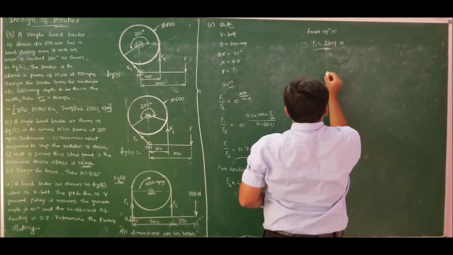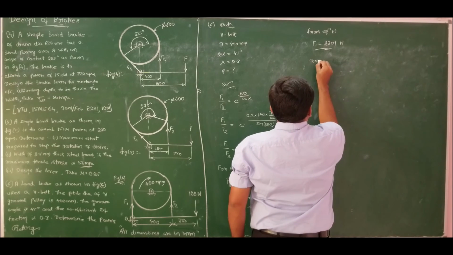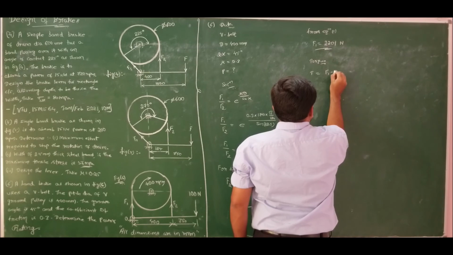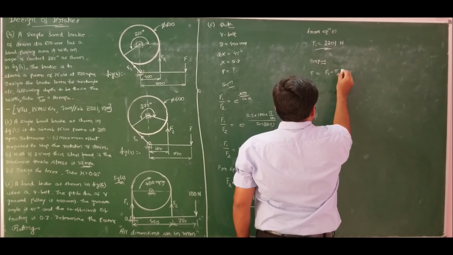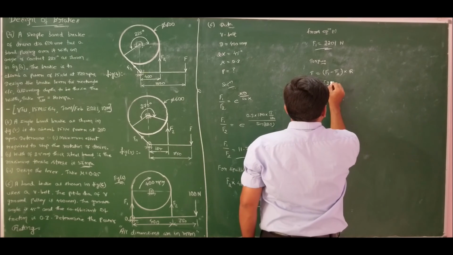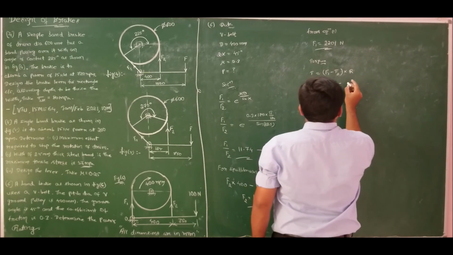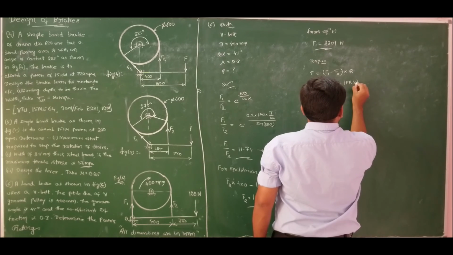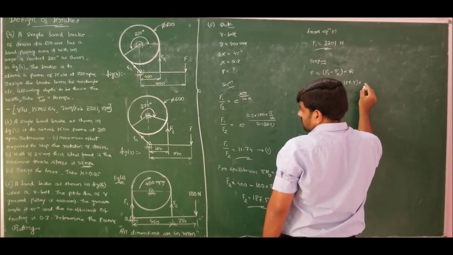2201 newtons. So therefore, I can find the torque by using the torque equation. Torque is equal to T1 minus T2, here it is F1 minus F2, into radius. Hence the torque will be 2201 minus 187.5 into radius.